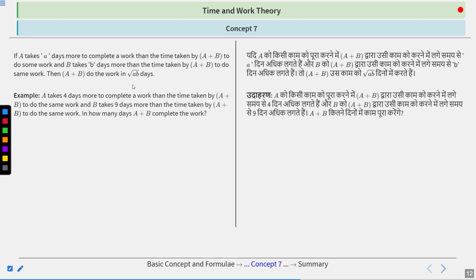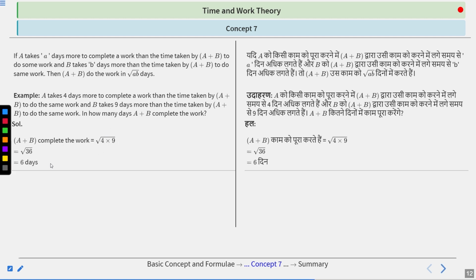For example, A takes 4 days more to complete a work than the time taken by A plus B to do the same work, and B takes 9 days more than the time taken by A plus B to do the same work. In how many days will A plus B complete the work? So we use this formula. So the solution will become A plus B complete the work in under root 4 into 9. So it will become under root 36. So 6 days is the correct answer. Clear? Next one.